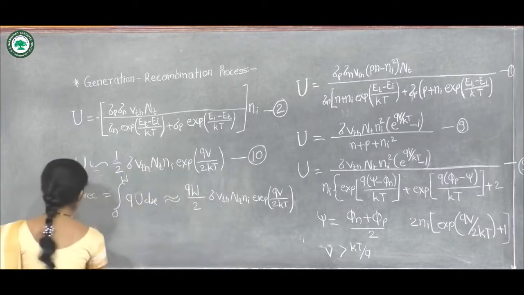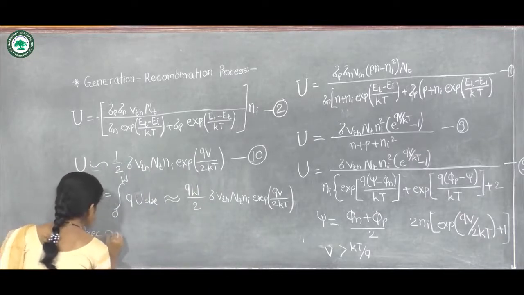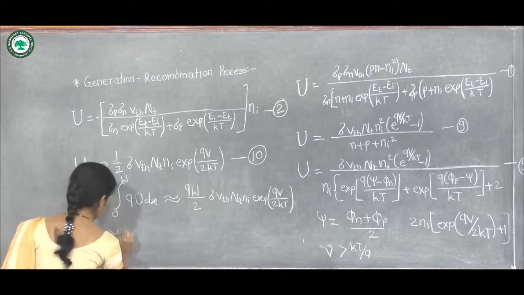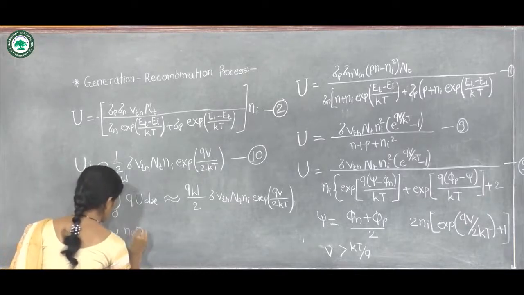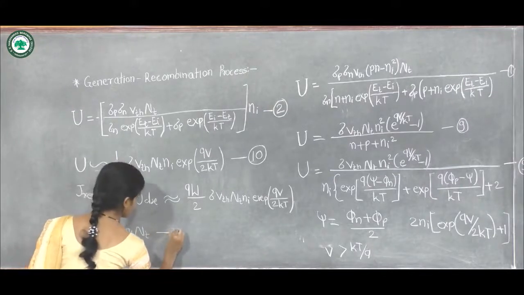Or this current is nearly proportional to Ni into Nt. So this is equation number 11.